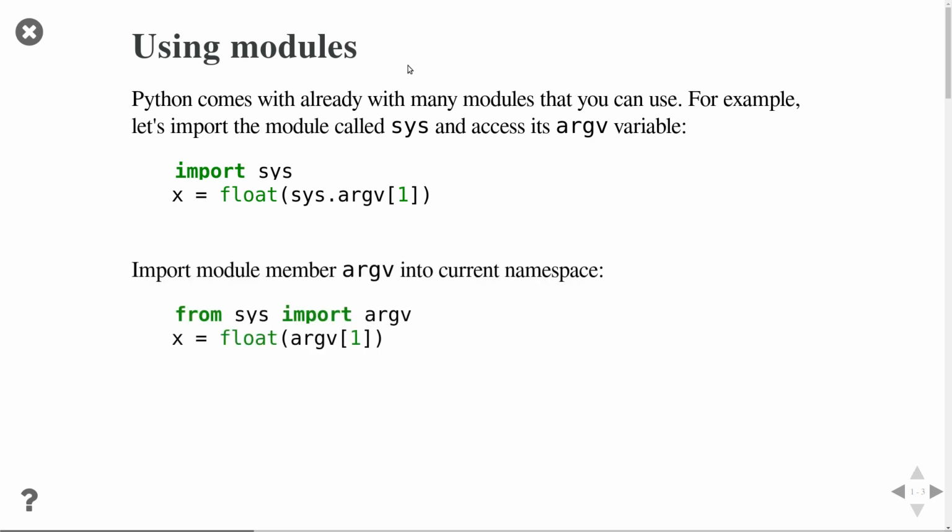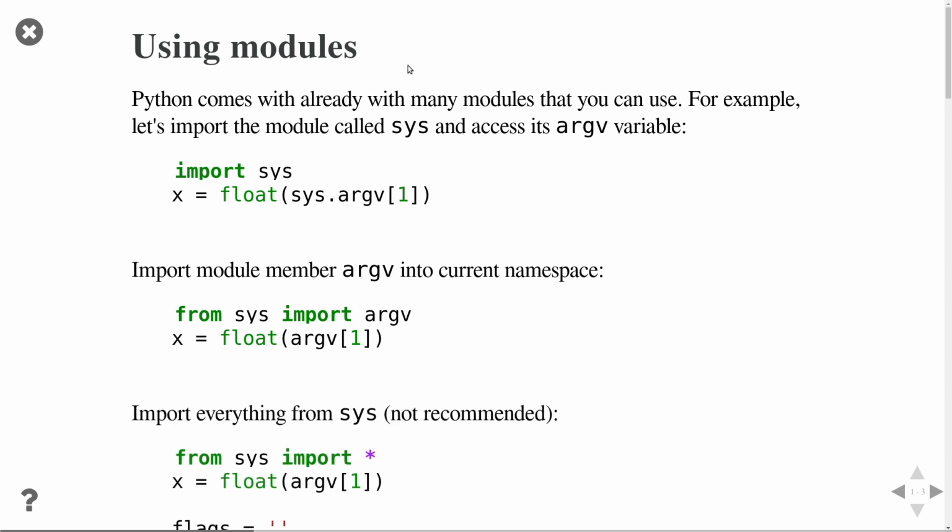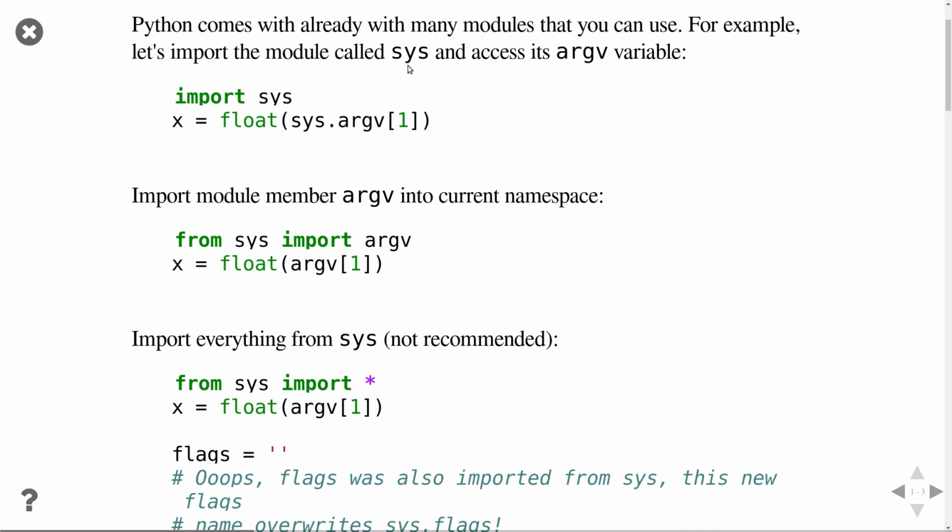Rather than importing the entire module, you can also import just one variable or one function or one class of that module. The way you write this is you type from sys import argv, where sys is the module name and argv is the variable or function name. Note the syntax difference between the first and the second example.